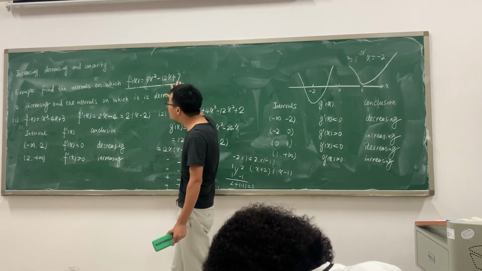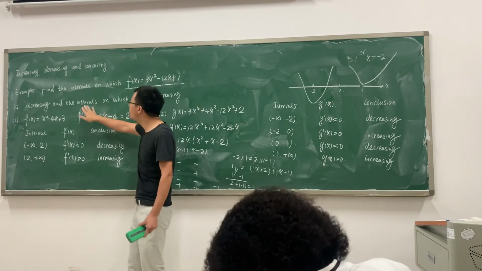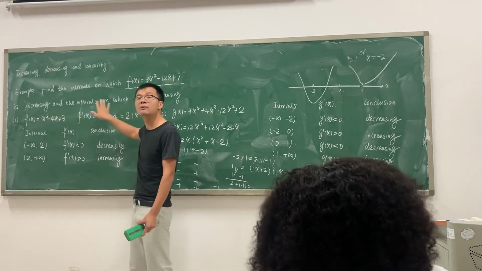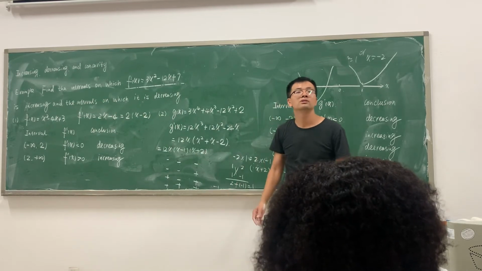For this function, find the intervals on which it is increasing and on which it is decreasing. I hope everyone will list a table like this. It's easy, okay?